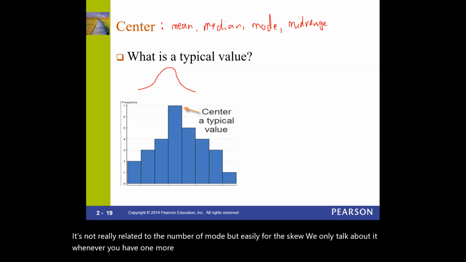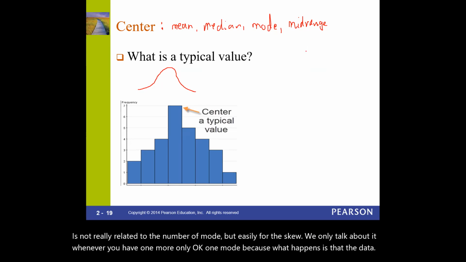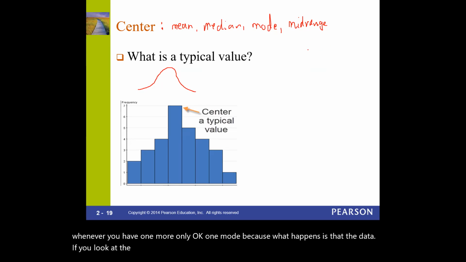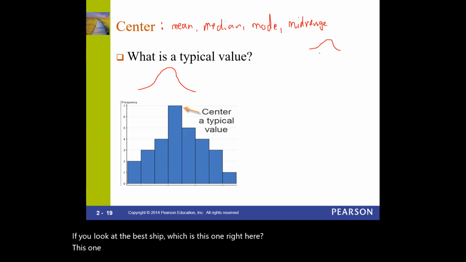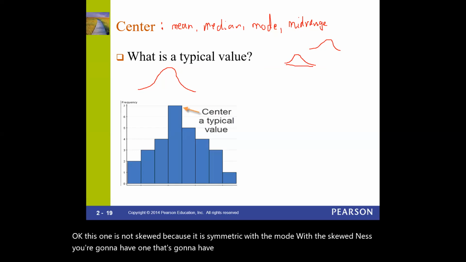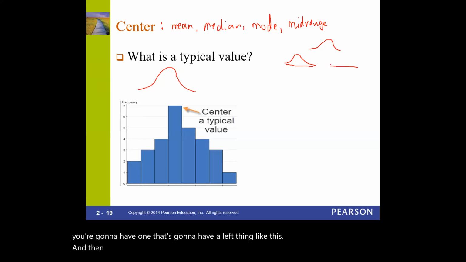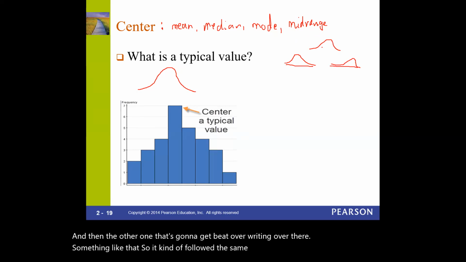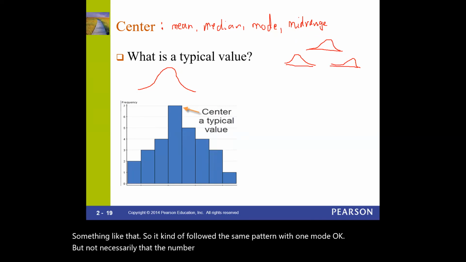If you look at the bell shape, which is this one right here, this one is not skewed because it is symmetric. With skewness, you're going to have one with a left tail like this, and another with a right tail like that. So it follows the same pattern with one mode, but not necessarily that the number of modes will determine the skewness.